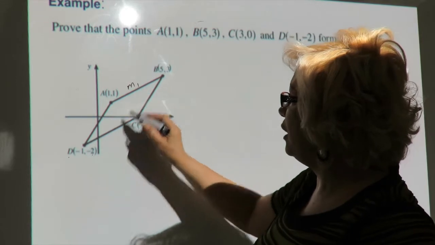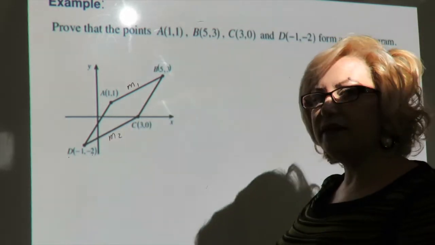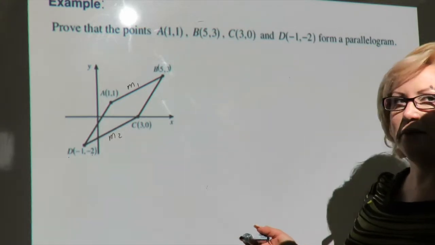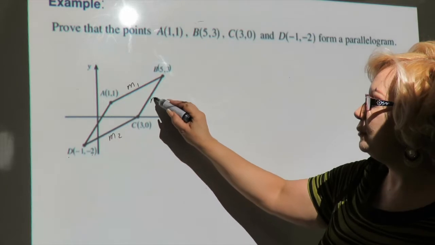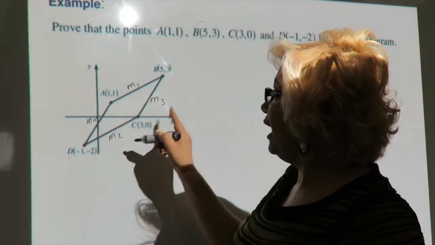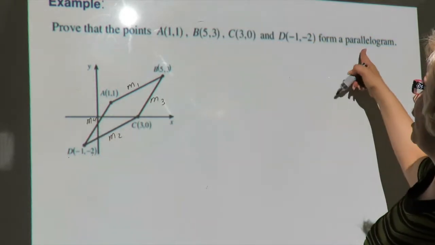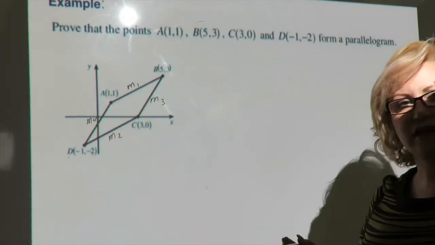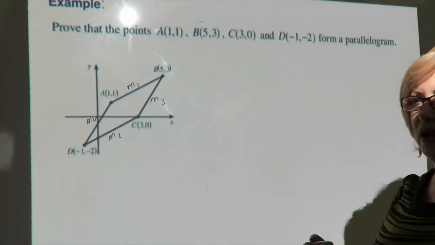Let's call it M1 and M2, which are the opposite sides. If they have the same gradient, that means that they are parallel. And let's call this M3 and this M4. If M3 and M4 are the same, that means that we have a parallelogram. If that does not happen, we are talking about a quadrilateral which is not a parallelogram.